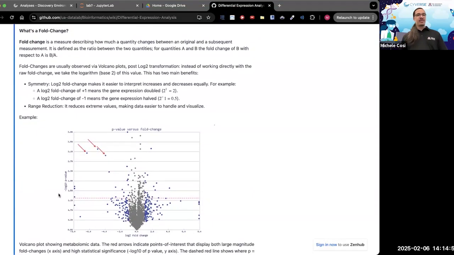And you may have seen something like this in publications, where you observe specific genes that are further and further away from the center of your graph. Now, we were talking about a p-value and a specific fold change that we want to respect.